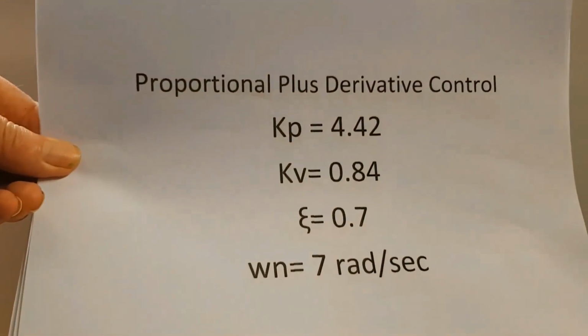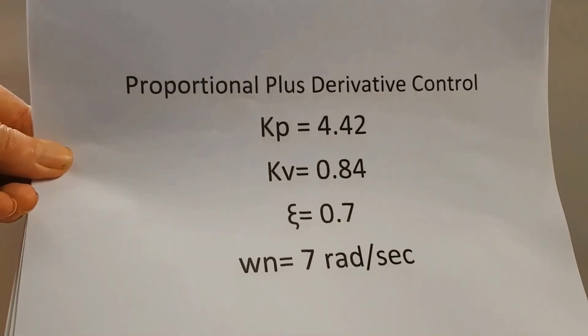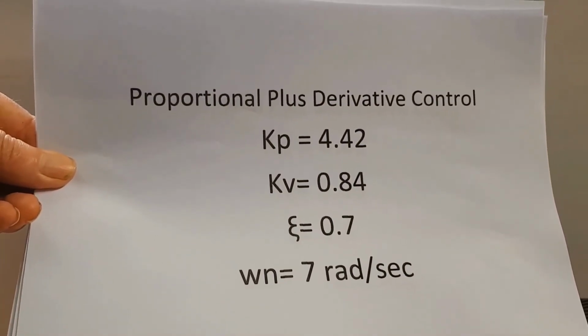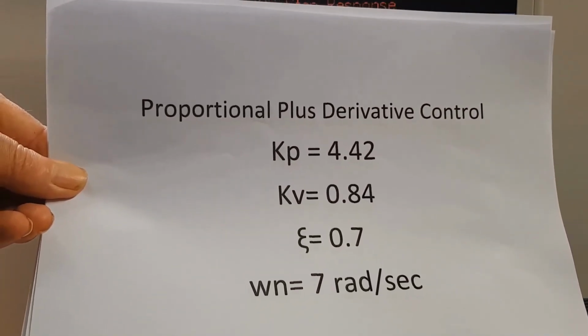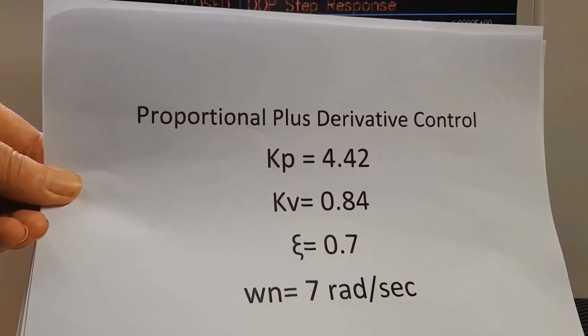So here's the next one now. This is proportional plus derivative control. Kp 4.42, Kv 0.84 this time for damping of 0.7, omega n still 7 radians per second.